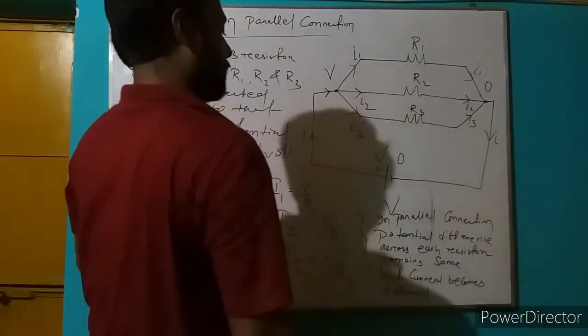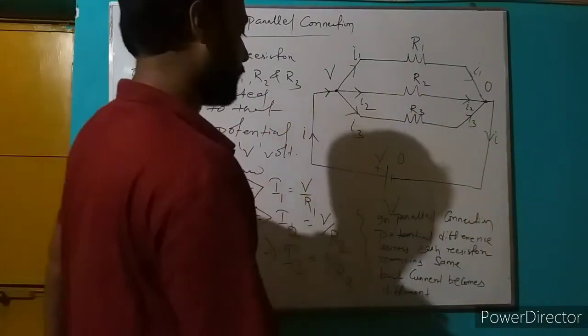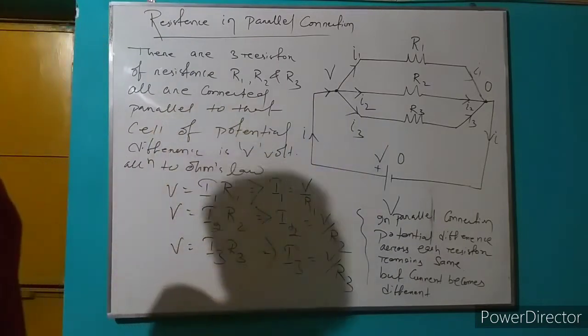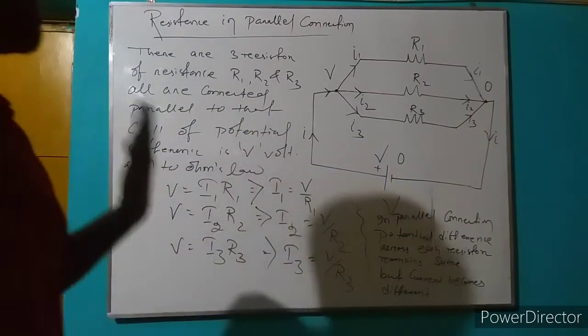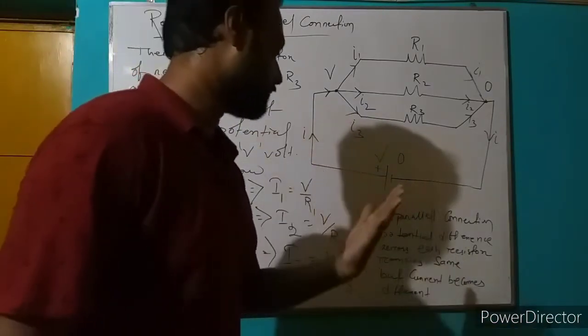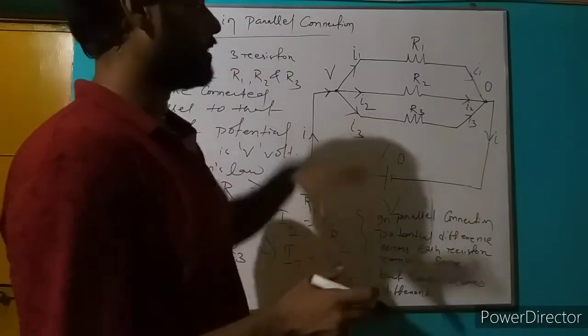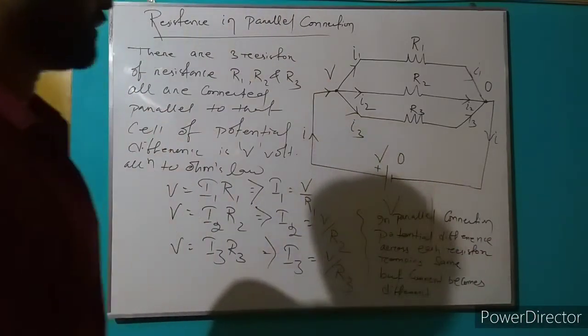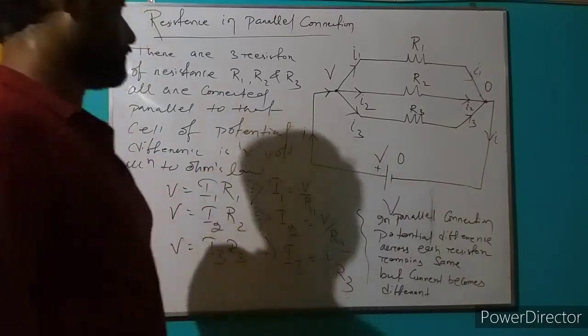Okay, please note it, this is a very important point. In parallel connection, potential difference across each resistor remains the same, but current becomes different and is distributed across each part. Please note it.